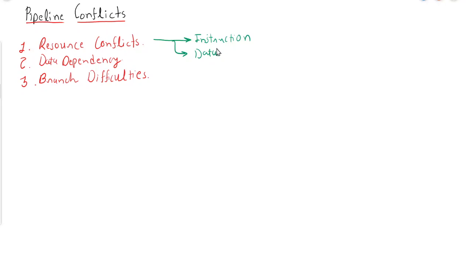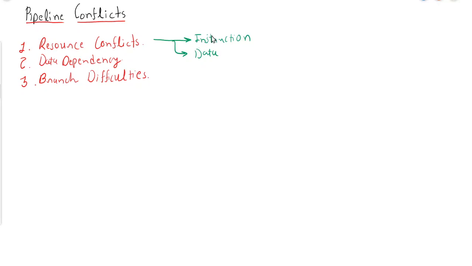In one portion all the instructions will be stored, and in another portion all the data will be stored. So whenever there is a need of any data variable, this portion will be accessed, and whenever there is a need of any instruction, then this portion will be used. So resource conflict will be solved in this way.